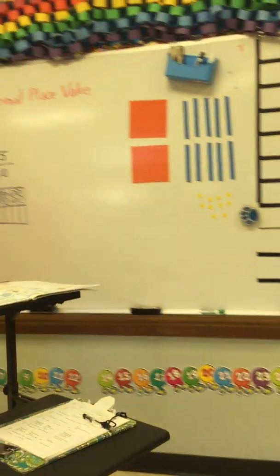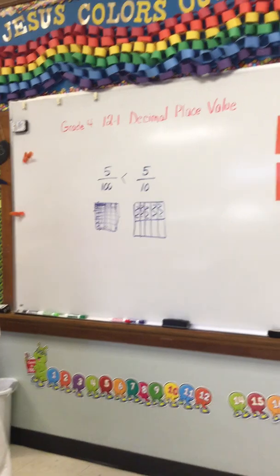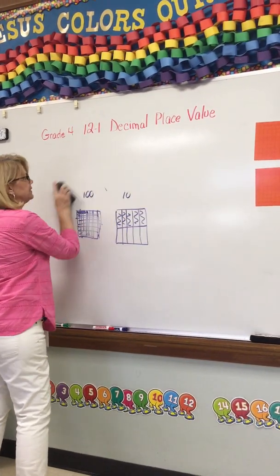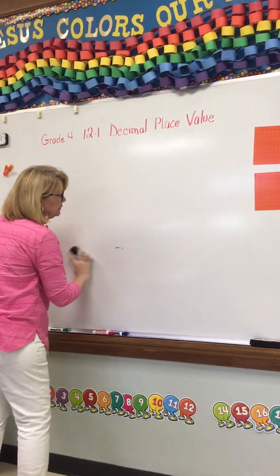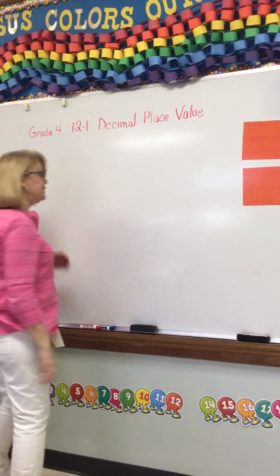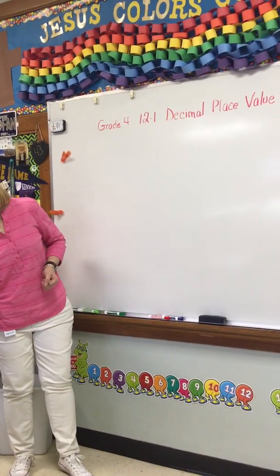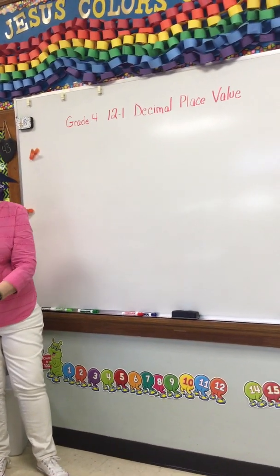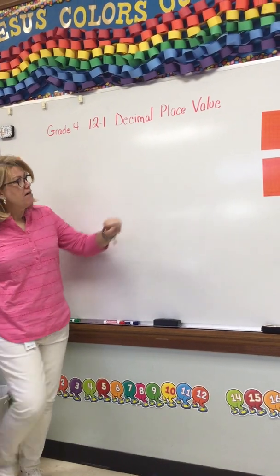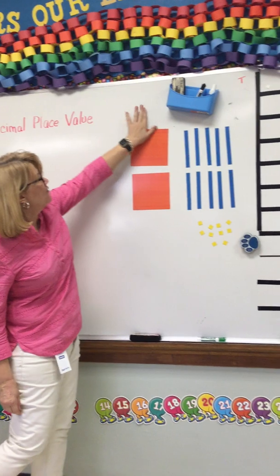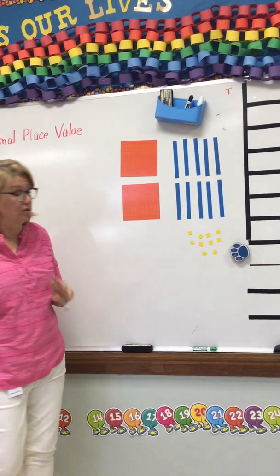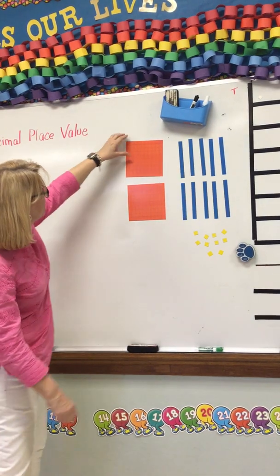Let's look over here. We're starting a new unit on decimals. Yes, point something. We use a decimal point, and all a decimal is, is a fraction. I've got some place value blocks up here. Way back from when we started 3rd grade, we used place value blocks.